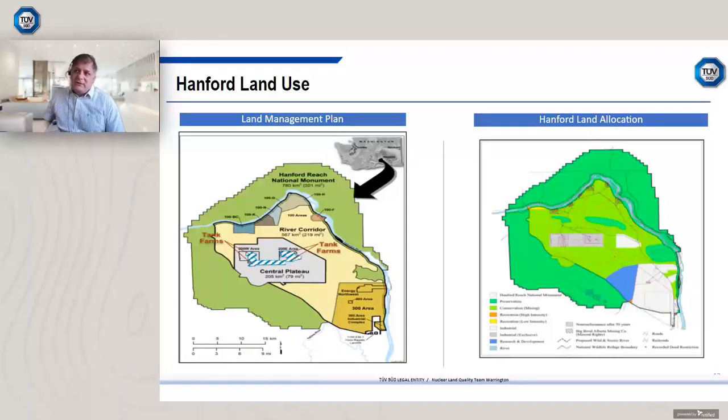And on your right is a slide which shows the land allocation plan, how environmental monitoring has essentially led the Department of Defense in the United States and the Department of Environment to create a program they call CLOP. And that is based on all the monitoring data that they have collected. And they have a very advanced land quality database, flow and transport, and a GIS interface as well.